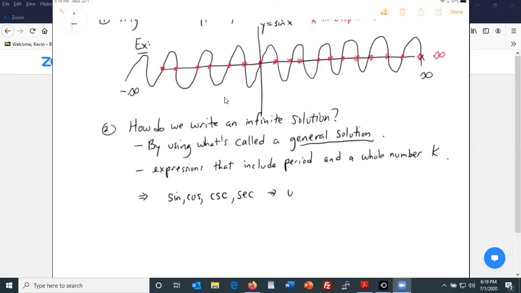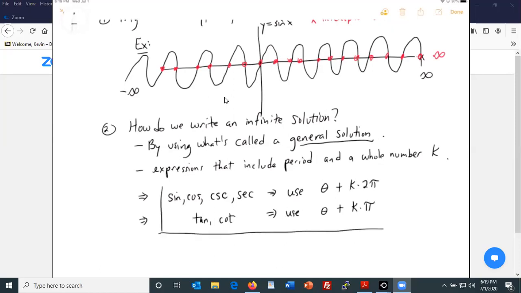So for these, we use whatever angle we find plus k times 2 pi. For tangent or cotangent, because they have period pi, it's plus k times pi. All right, and we use these for each unique theta.